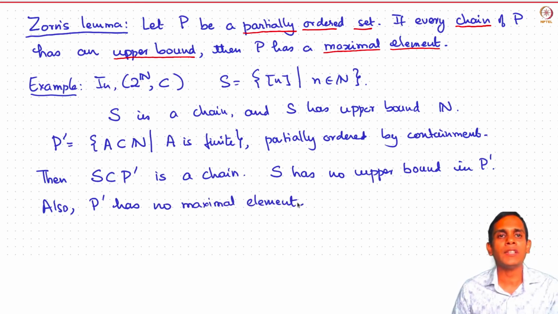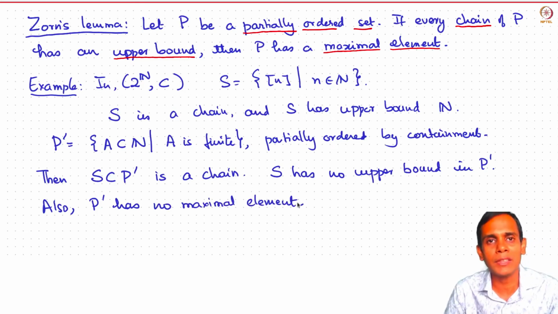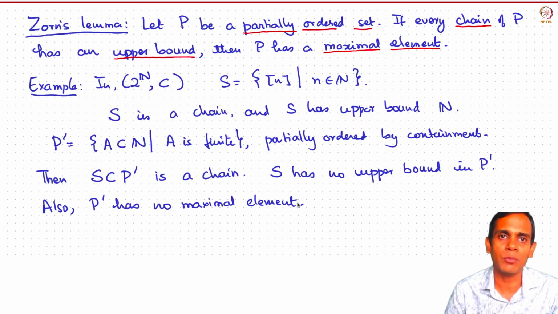Because if you were to take any finite subset of the natural numbers, you could always add one more natural number to it and get another finite subset of the natural numbers. So P prime has no maximal elements.